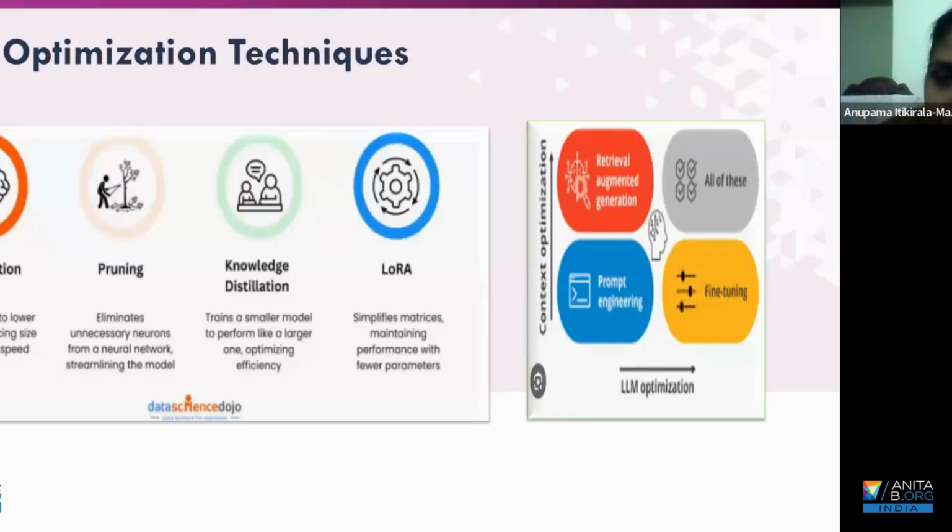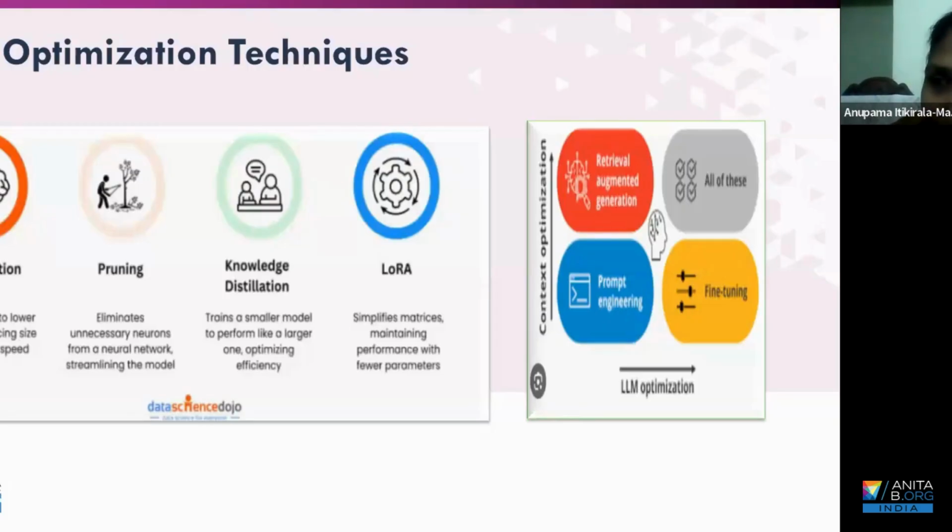So as a theory, we see 4 different types of LLM optimization techniques. Quantization, which again is 16 and 32-bit. I'll come to why I spoke about the BPE, byte pair encoding, kind of a measure at the token level. Pruning, as the synonym goes, is cutting down the branches of a tree, meaning that I remove the data that I don't want when I do the fine tuning and optimization.